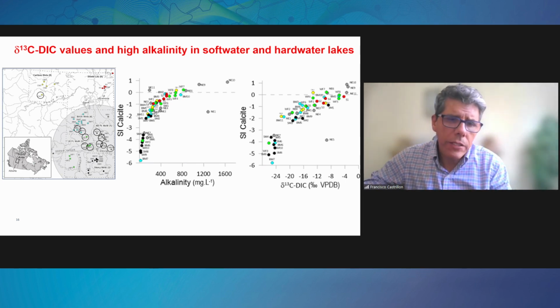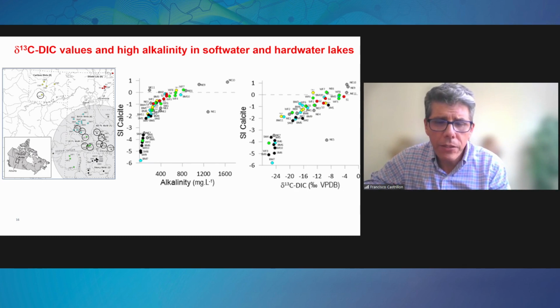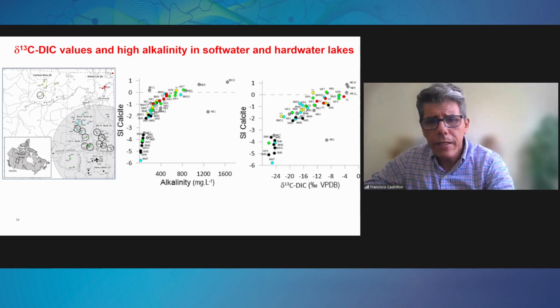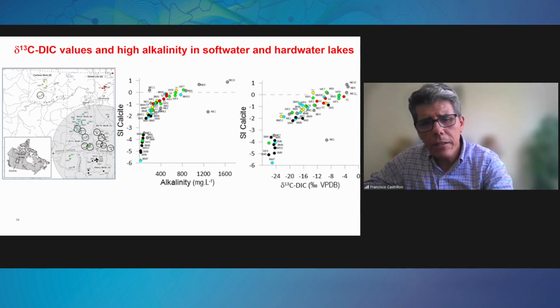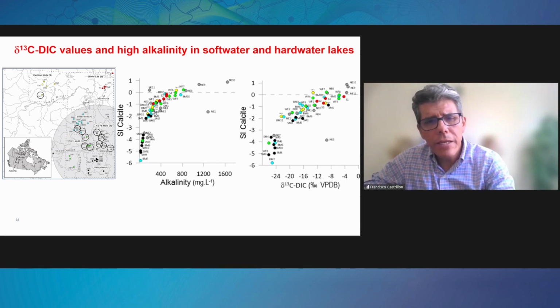On the left-hand side, you see the saturation index of calcite correlating in a similar fashion with the alkalinity values. Basically, these graphs confirm that the dissolution of carbonates is a major component, playing along with the dissolution of organic matter.